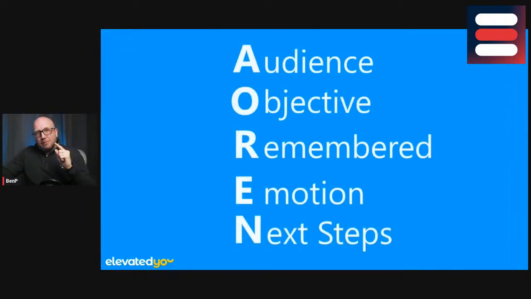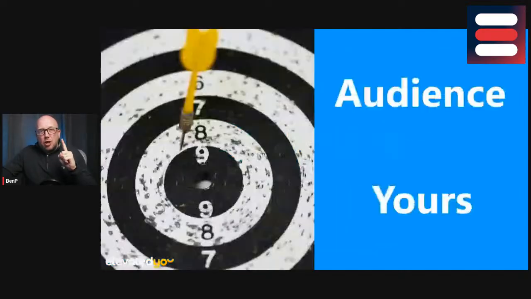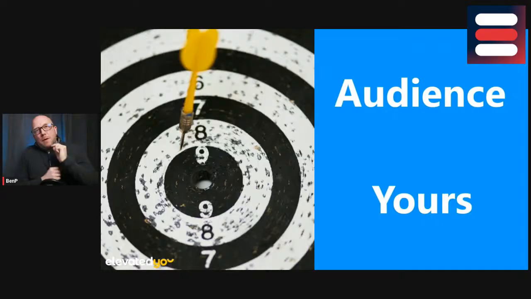Then I think about the objective. Now, I think about the objective in two ways. Firstly, the audience objective, and this is what a lot of people don't do. So what do I mean by the audience objective?